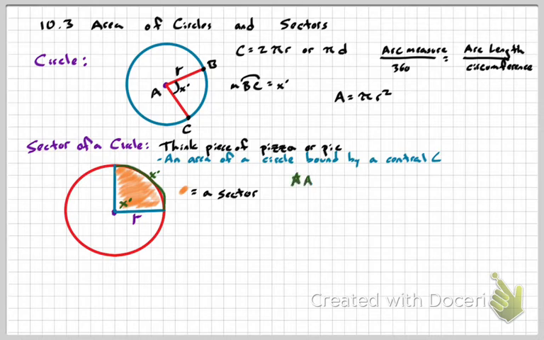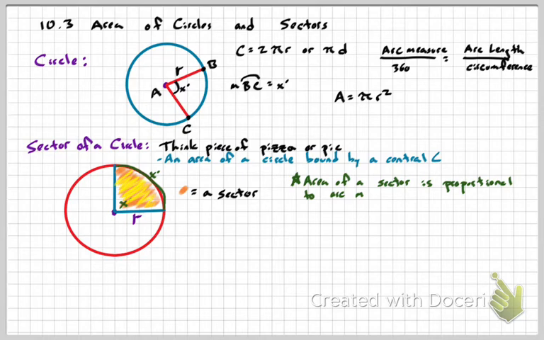All right? And so the key thing to understand here is that that piece has the same relationship to the arc measure and the arc length, in that it's the same percentage of the circle that the arc measure is of the 360, that the arc length is of the circumference, but now it's just the same percentage of the area.